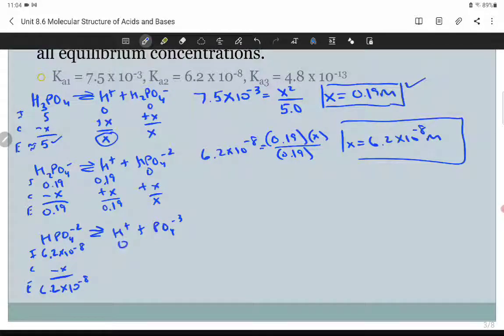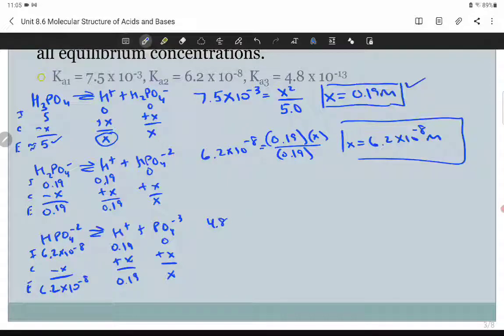Is H positive 0? No. It's still that 0.19. Technically, 0.19 plus 6.2 times 10 to the negative 8th, but on a calculator it's going to give you 0.19. Plus X, I think we can make that assumption, it's going to be 0.19. This is 0 for phosphate, and that's going to give you X. So we have a Ka3.